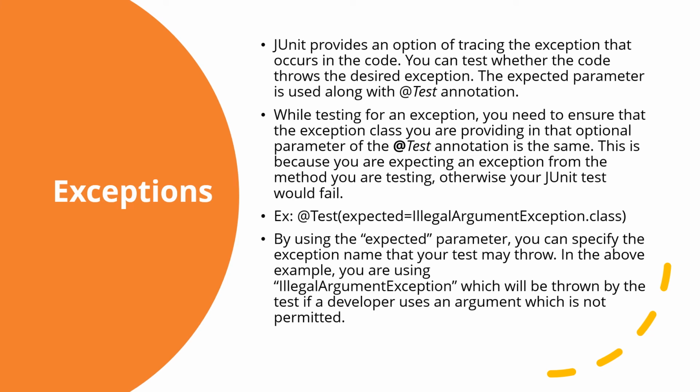Otherwise, your JUnit test would fail. For example, if you write @Test(expected = IllegalArgumentException.class). So by using the expected parameter, you can specify the exception name that your test may throw. In the above example, you are using IllegalArgumentException, which will be thrown by the test if a developer uses an argument which is not permitted.